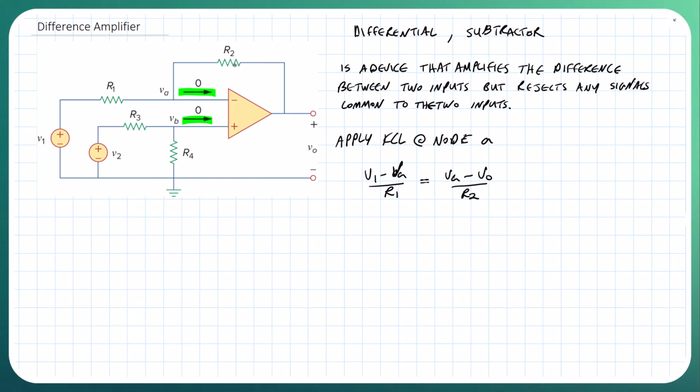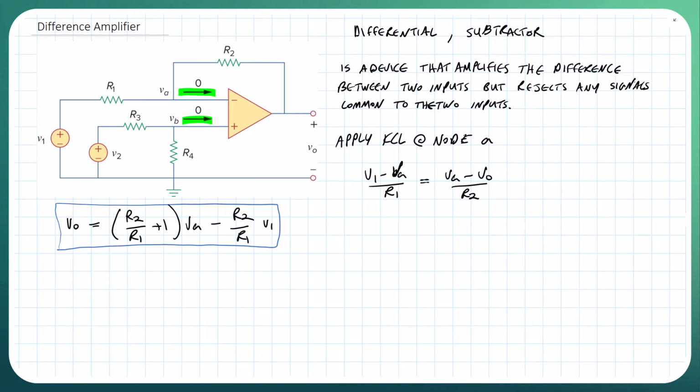We can rearrange this equation: V naught equals R2 over R1 plus 1 times VA, minus R2 over R1 times V1. So if we just rearrange that equation, we get V out. Let's highlight this equation here.